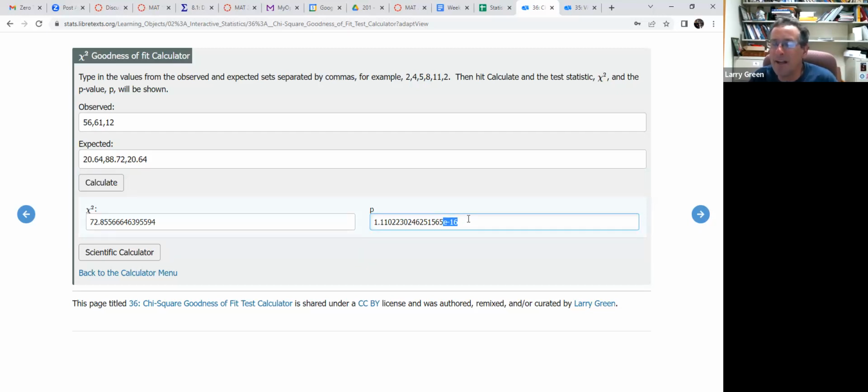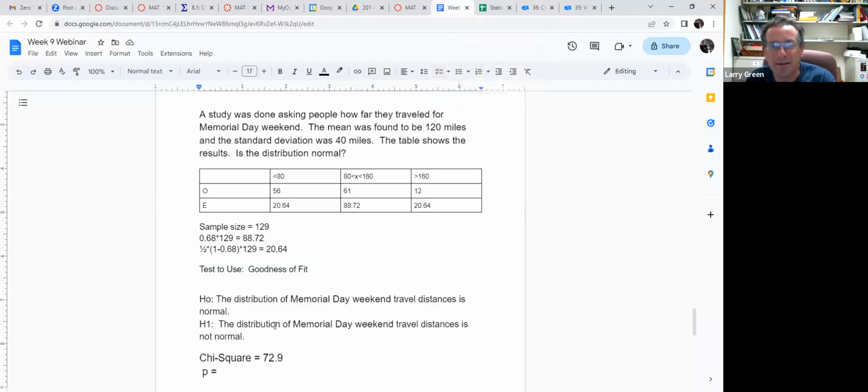That means we need to move the decimal 16 places to the left. And then you have the 111. So P is actually basically as close to 0 as you can imagine. 0.000, a whole bunch of zeros before you get to 111.